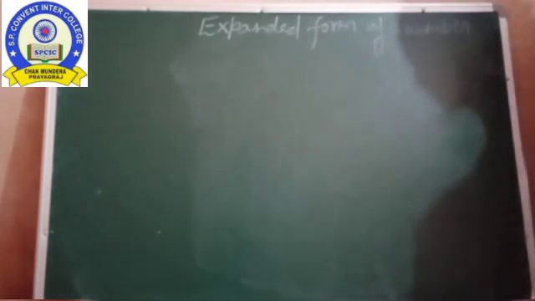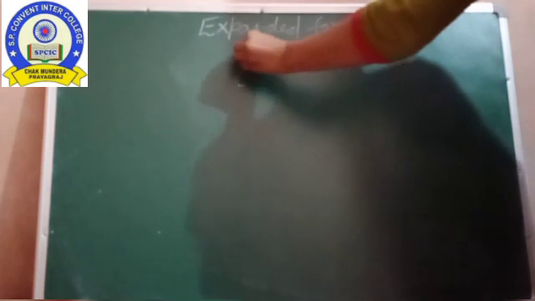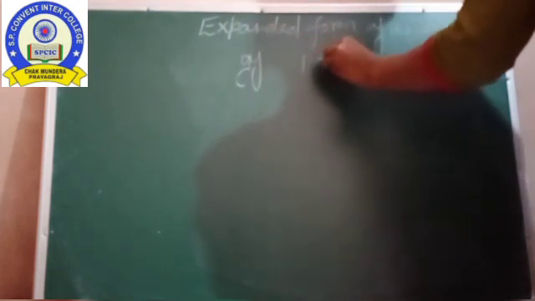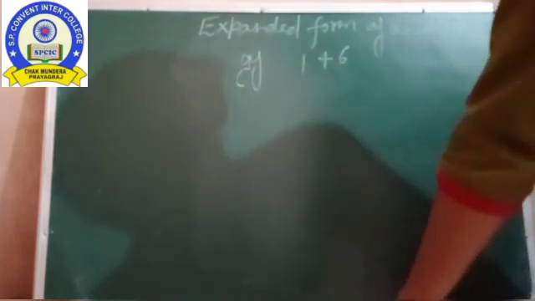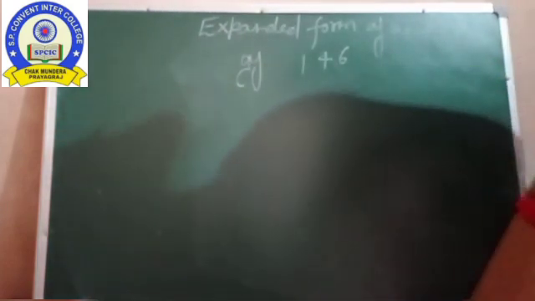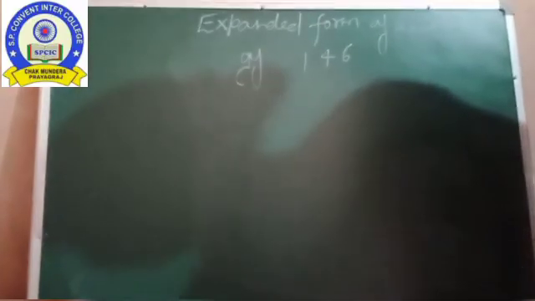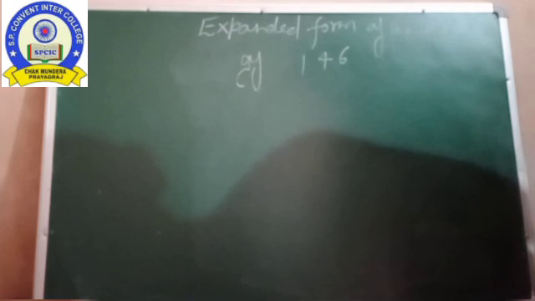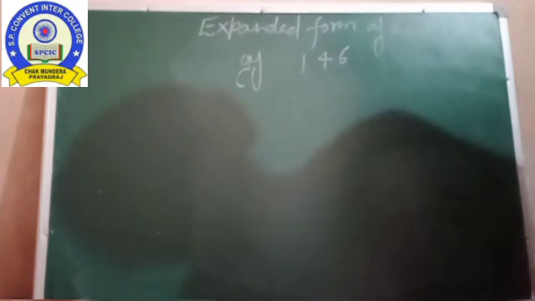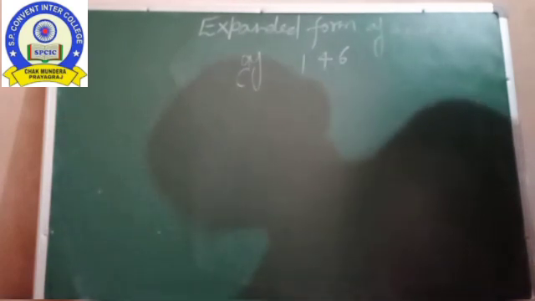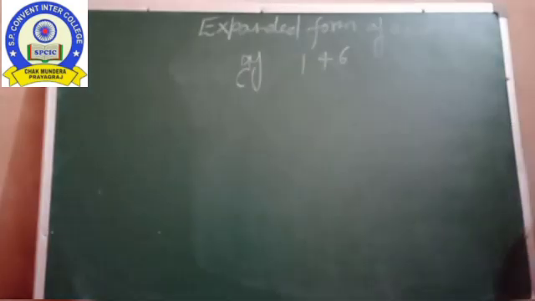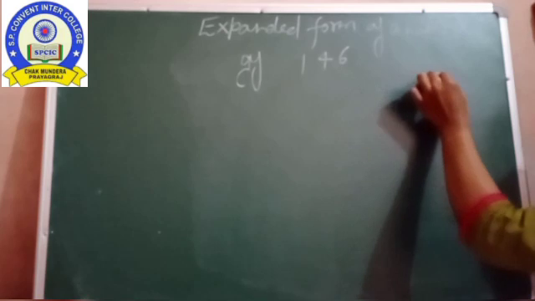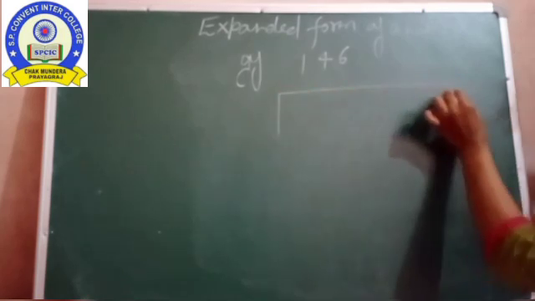For example, look at this number, this is a 3-digit number. This is a place value chart.